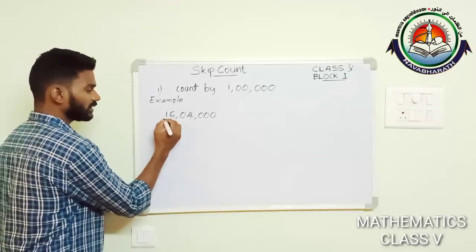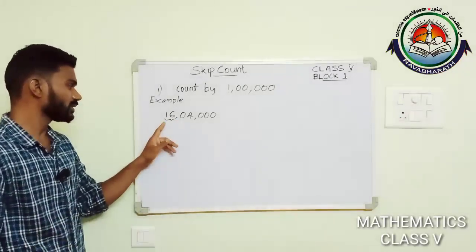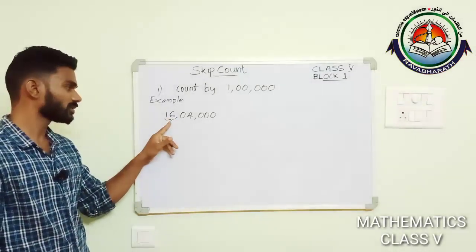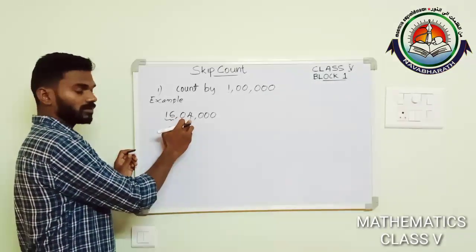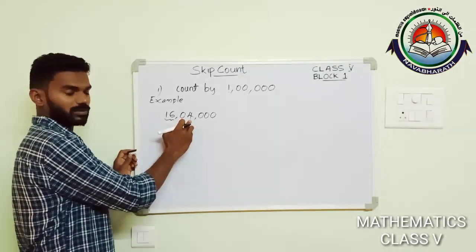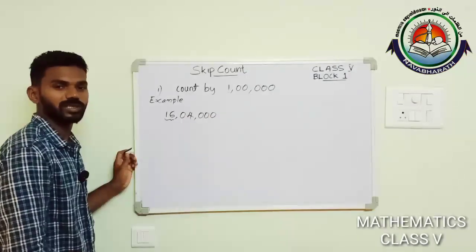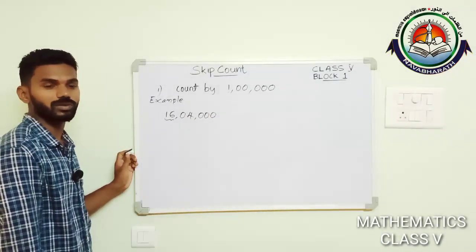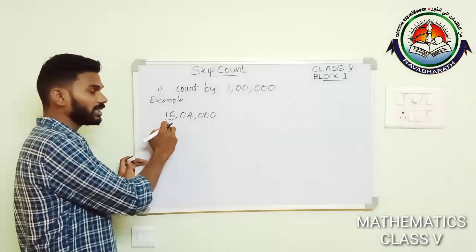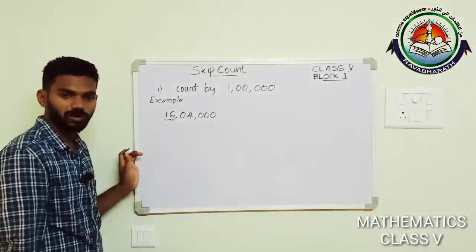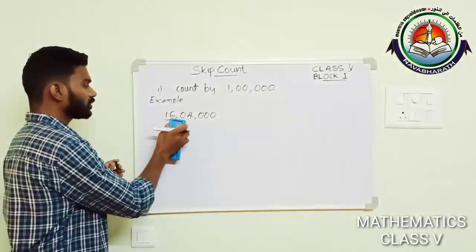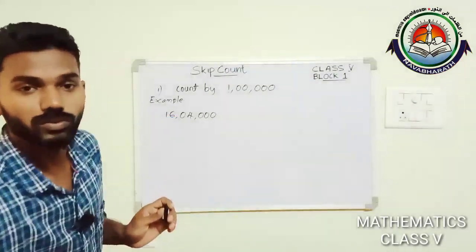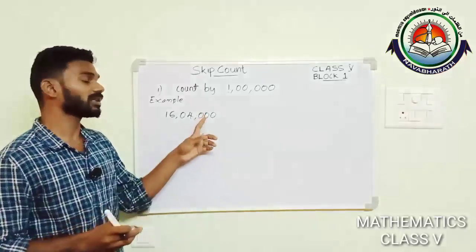So here there is how many lakhs? 16 lakhs. And there is no 10,000s, but there is 4,000s. And there are no remaining digits other than 0. So it would be 16 lakh 4,000. And from this number, you have to give the next 3 numbers.